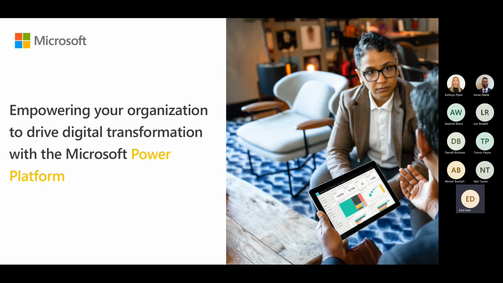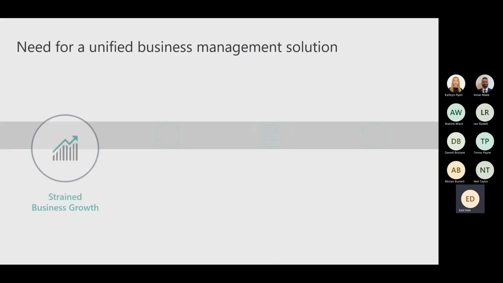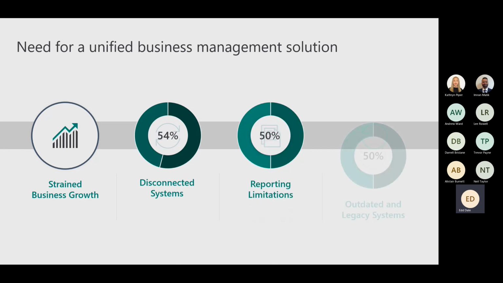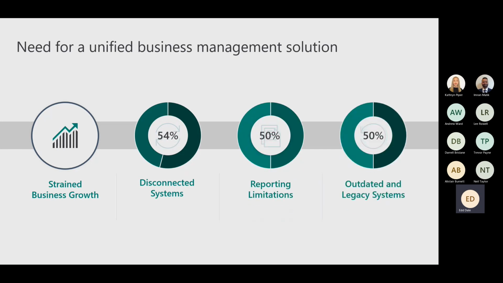So, there is at the moment a real need for unified business management solutions. There is evidence that organizations recognize this need for a more holistic solution that can address their wants. For some fortunate organizations, their business is growing, but their systems can't keep up with that level of growth.